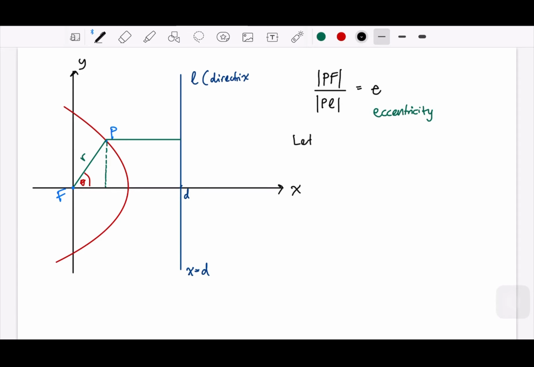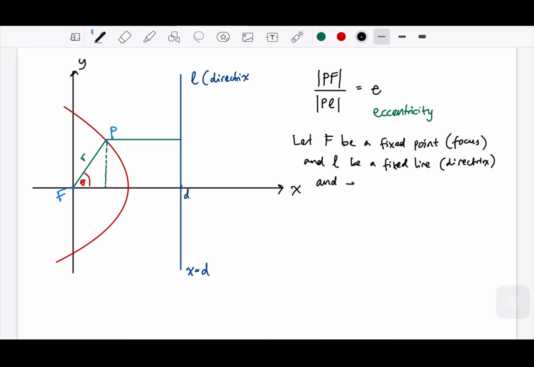So let F be a fixed point, or focus, and L be a fixed line, which we call the directrix. Maybe this is not clear. This is L, and e is the eccentricity.